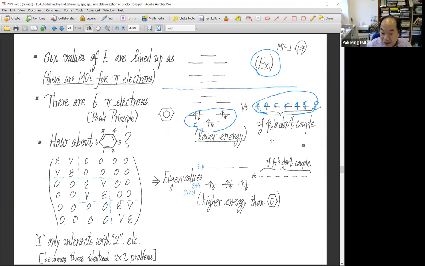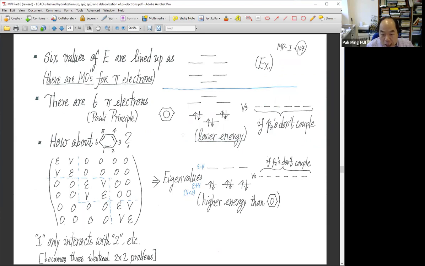The energy is lowered. That's the key point. And it is this picture of filling in the electrons that gives us this benzene circle. This is 80% of the story.